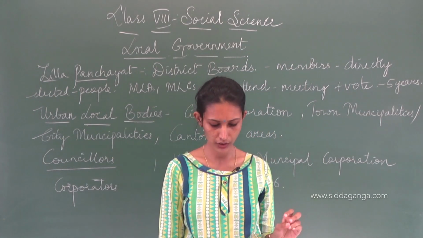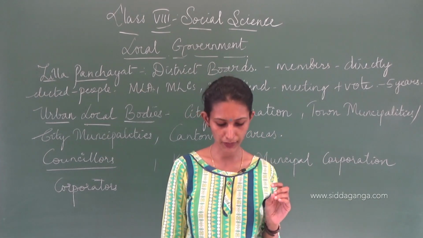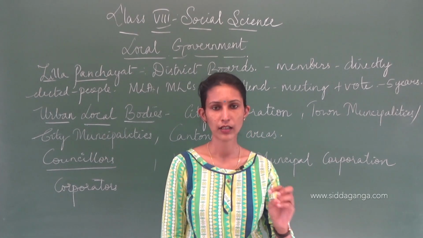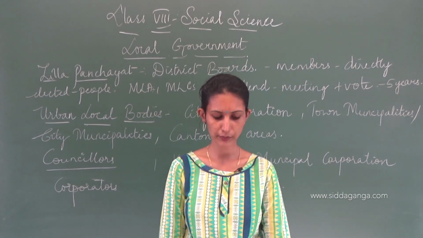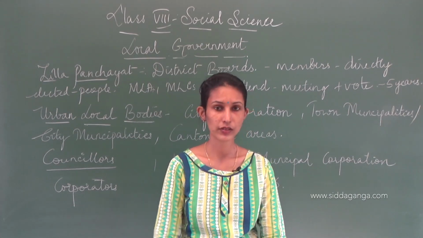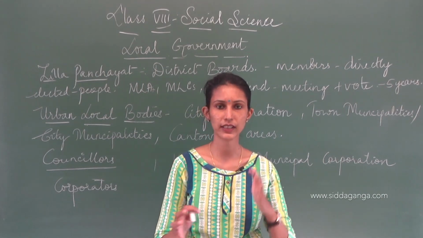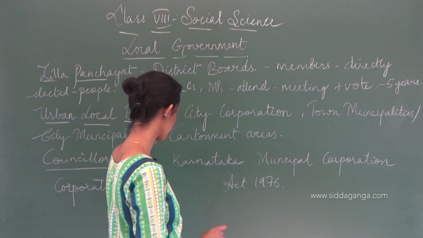The Bengaluru city corporation is called Bruhat Bengaluru Mahanagara Palike, BBMP. So 198 corporators in BBMP. These are the places where the Mahanagara Palike or city corporation is there. Now the city is divided into electoral divisions, where you can vote, and they are called wards.